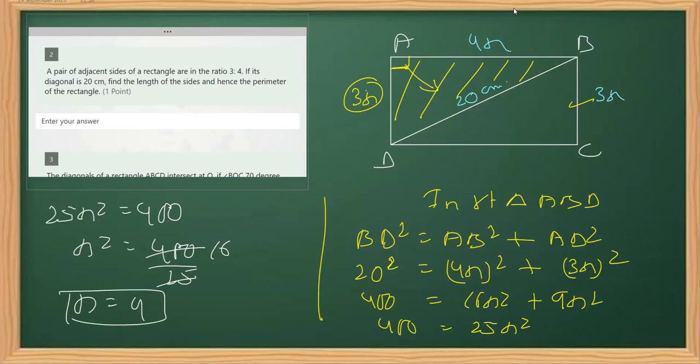Now, once we get the value of x, we can replace x with 4. Replacing x with 4, we get 4 into 4, that is 16. And similarly, replacing x in the other side with 4, we get 3 into 4, that comes out to be 12. So once we get the value of the length and the breadth, we can find its perimeter.